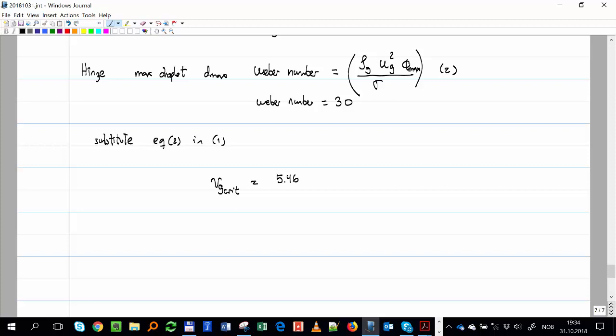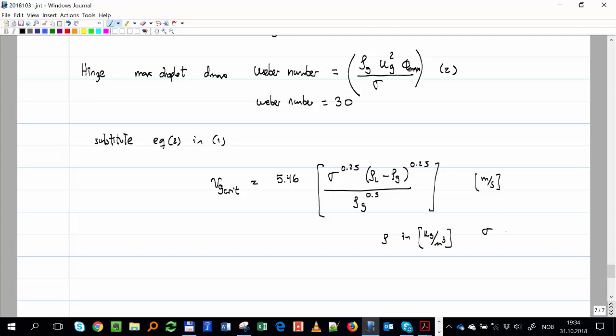That's something we are going to use in our exercise now. If you substitute, it gives you the velocity in meters per second, the density has to be in kilograms per cubic meter, and the surface tension has to be in Newtons per meter.